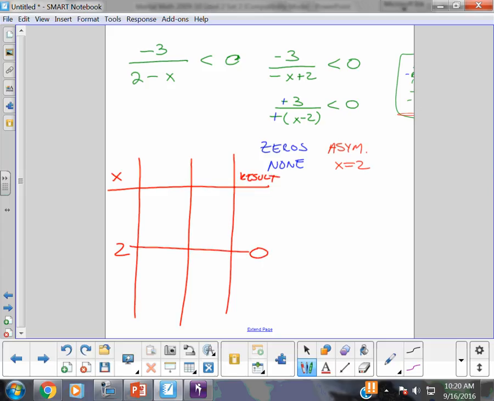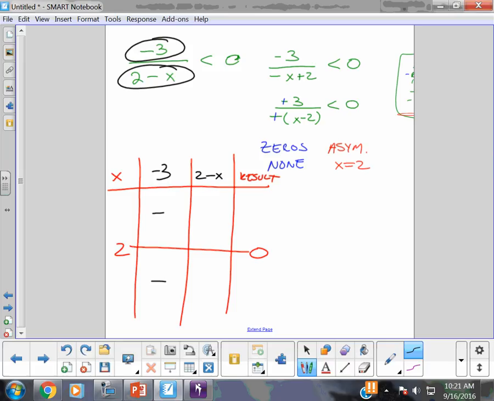Now, I know for a fact if you're trying this problem on your own, very few people factor. I would argue that then your columns, if you didn't factor, would have to be this. And guys, you got to have negative 3 in here because guess what the negative 3 always does? So negative 3 is always negative.